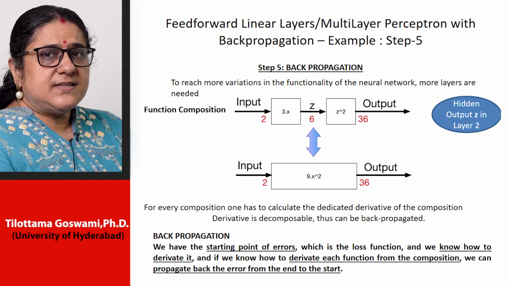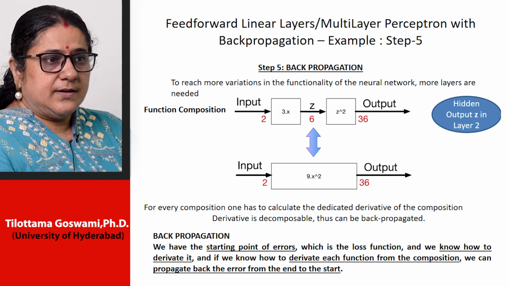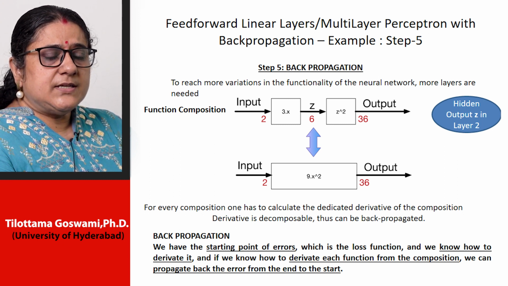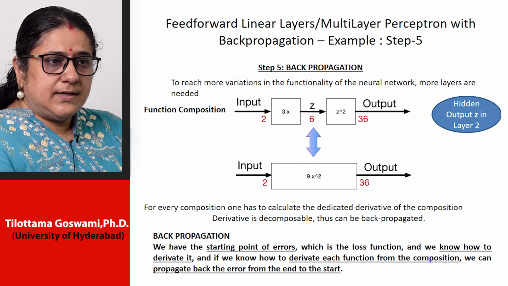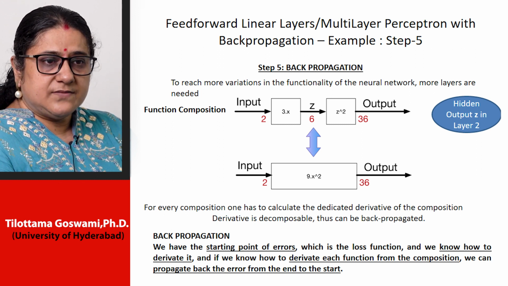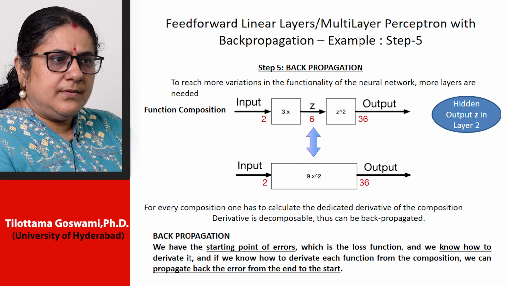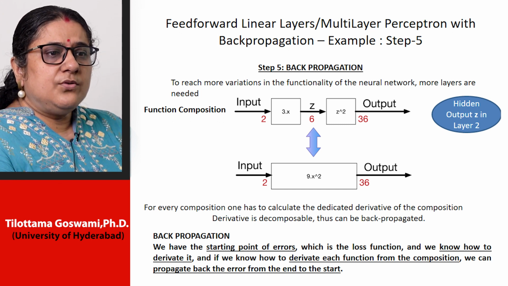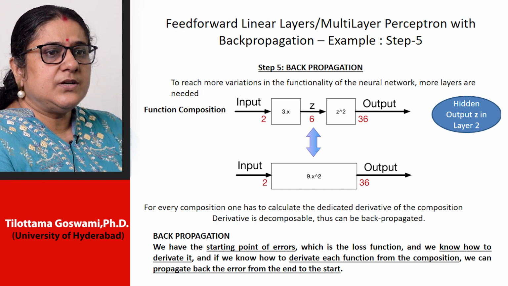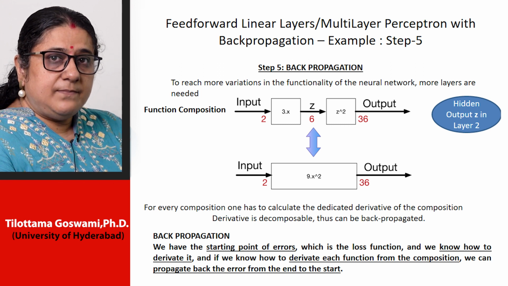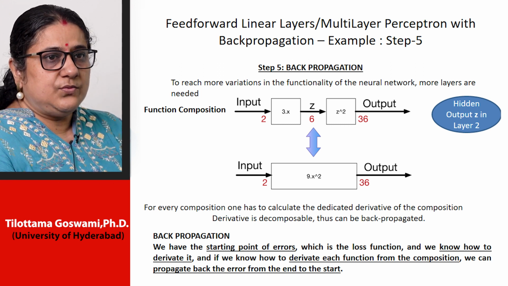So the derivative is decomposable, and thus can be backpropagated. In backpropagation, we have the starting point of errors, which is the loss function, and we know how to differentiate it, and we know how to differentiate each function in the composition. We can propagate the error back from the end to the start.